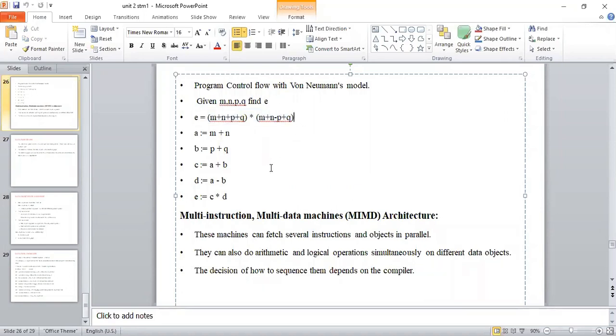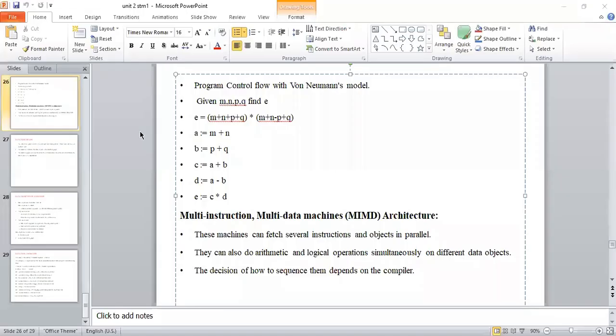After the instruction is executed, the final result will be sent to the output, saving that value in a variable called E. This is the simple way of execution in the von Neumann model. Parallel execution cannot be done. That is called the von Neumann machine.